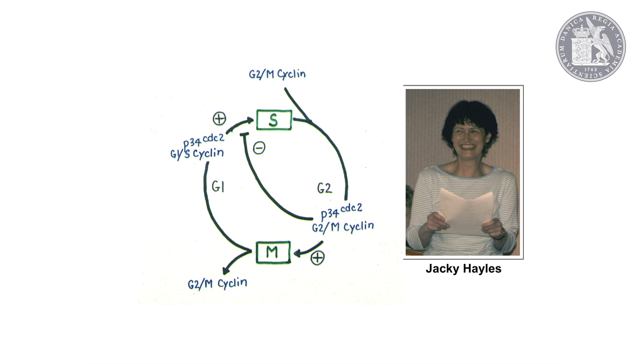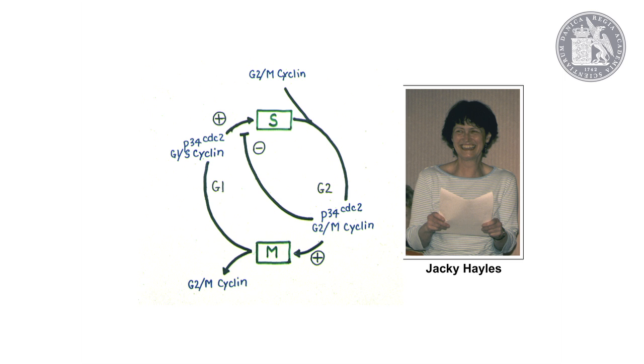So what this meant is that this CDC2, cyclin-dependent kinase, as they're now called, or CDK, had a third role that was completely unknown, which is that during G2, it prevents reinitiation of S phase. And when you delete the G2M form of CDK, the cells don't go into mitosis, they lose that inhibition, and the cells get promoted to go back into G1 and to re-replicate and re-replicate and re-replicate.